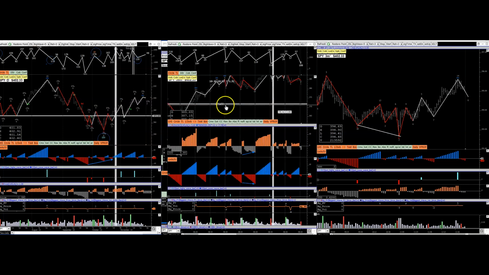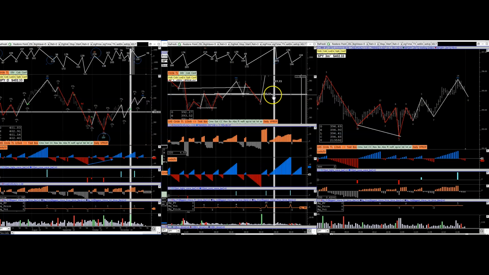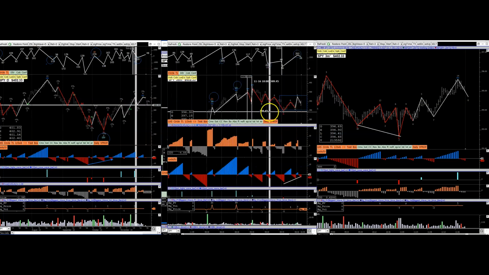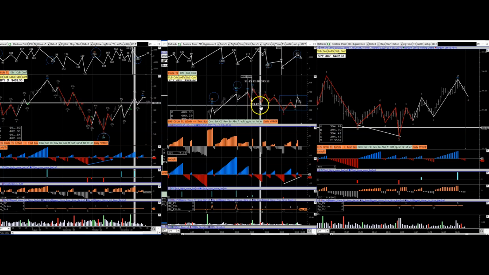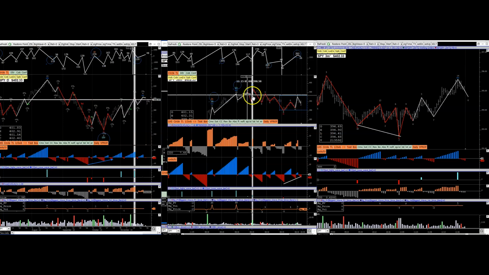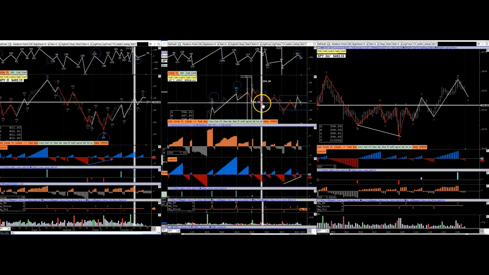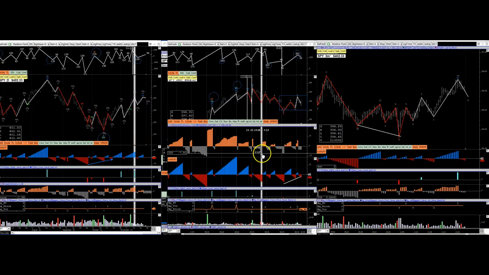All right. Let me see some other examples. This one, it also pressed down with increased volume, and actually made price distance increase.